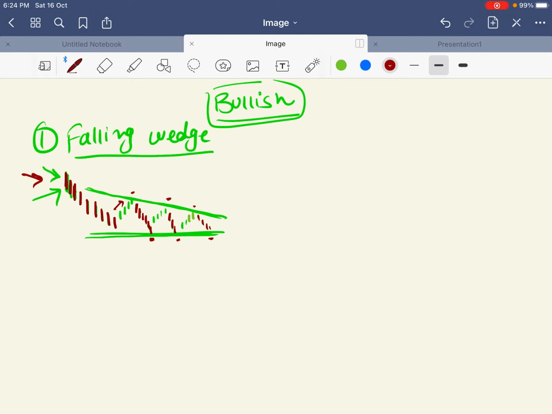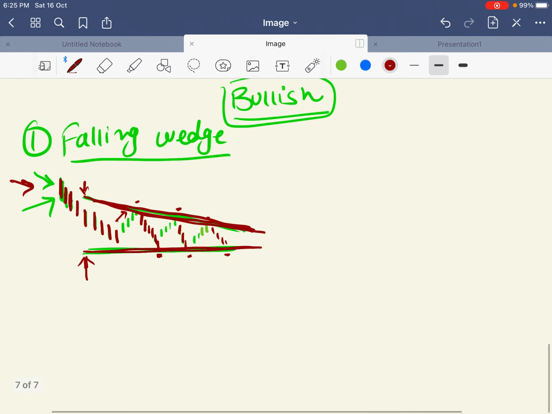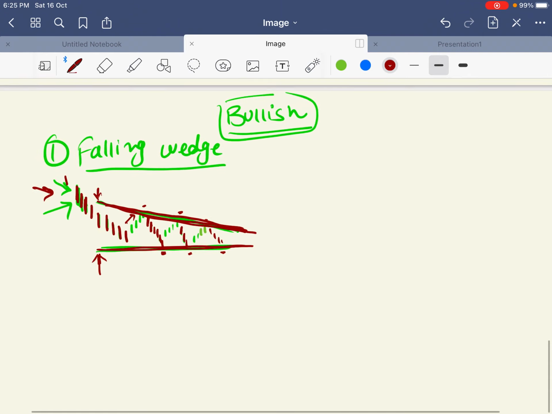As you can see, this is a type of wedge which is continuously getting narrower. This is the wider side and this is the narrow side. The first point to keep in mind is that the market is in a downtrend and entering a structure like this.